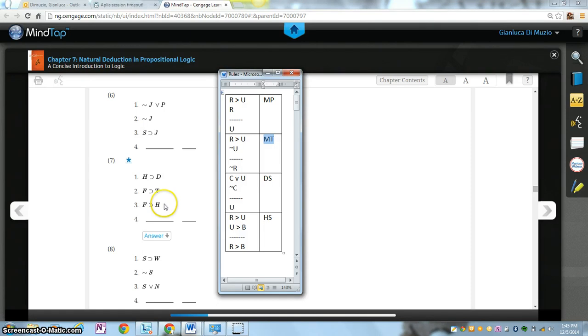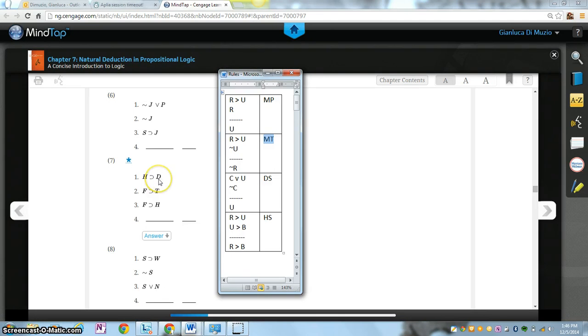There's line 3, if F then H, the consequent is H, and there's line 1, if H then D, the antecedent is H. So if R then U and if U then B entail if R then B. And here if F then H and if H then D entail if F then D.